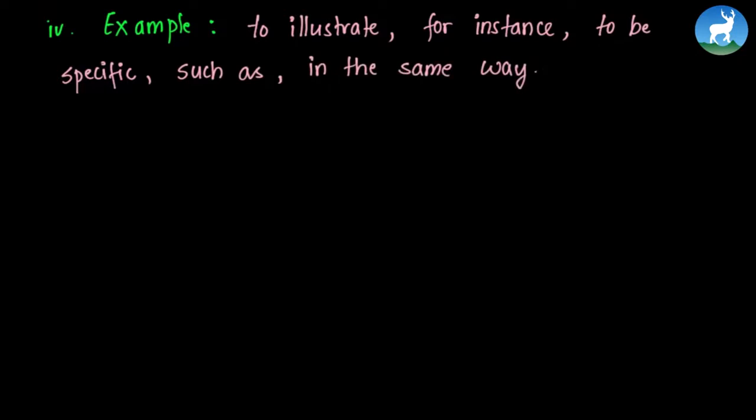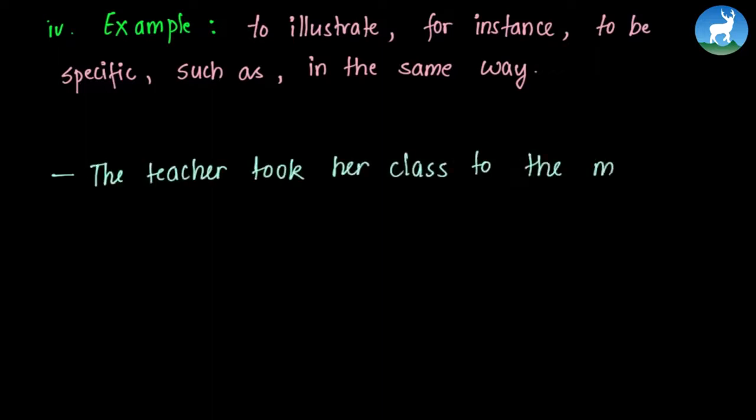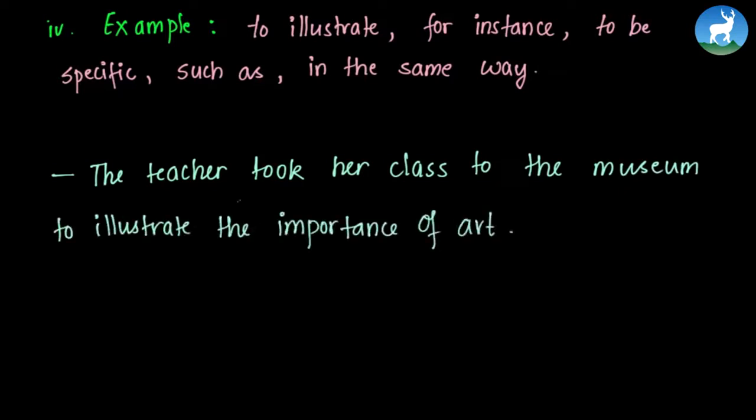So these are a few words which are used as the example connectives: to illustrate, for instance, to be specific, such as, in the same way, etc. And now, let's see one of its uses in a sentence. The teacher took her class to the museum to illustrate the importance of art.